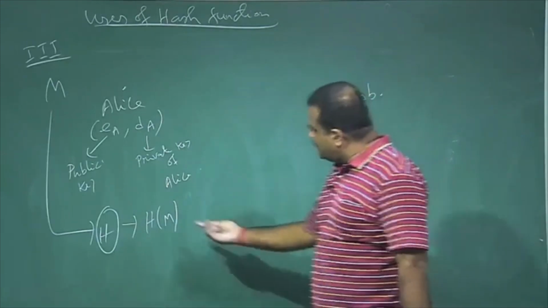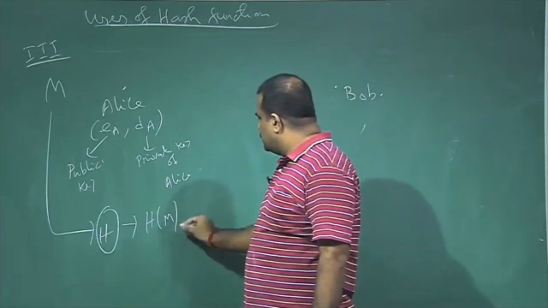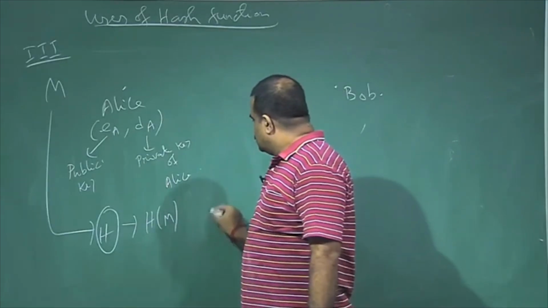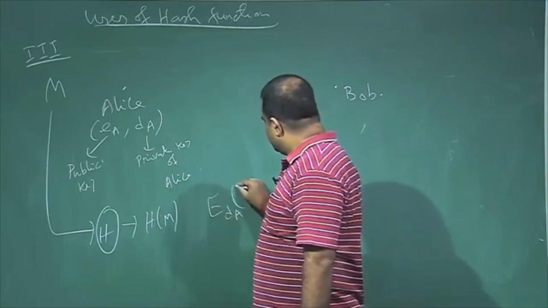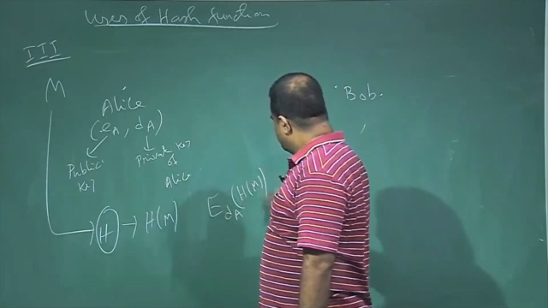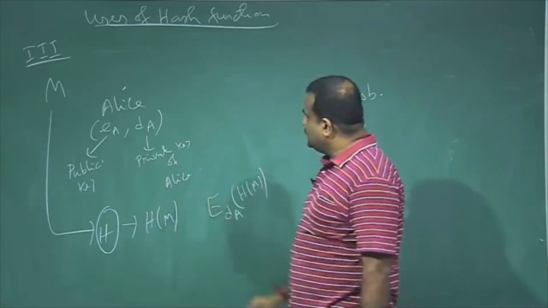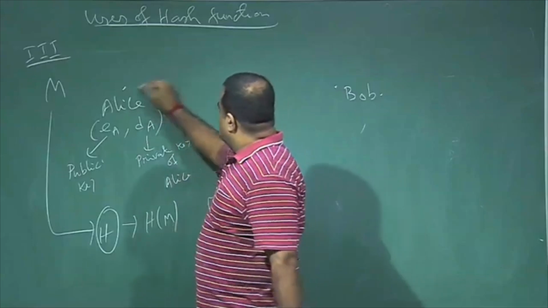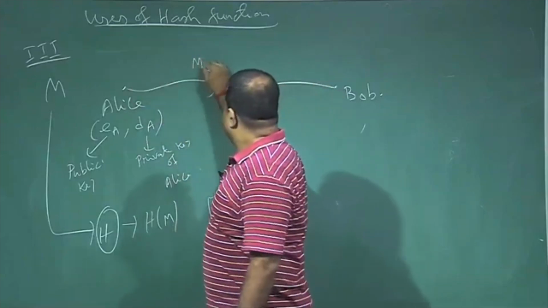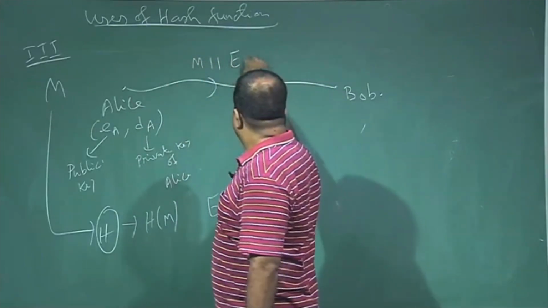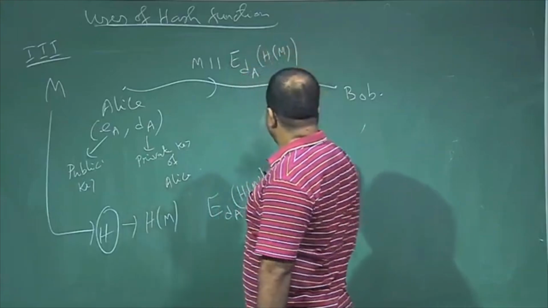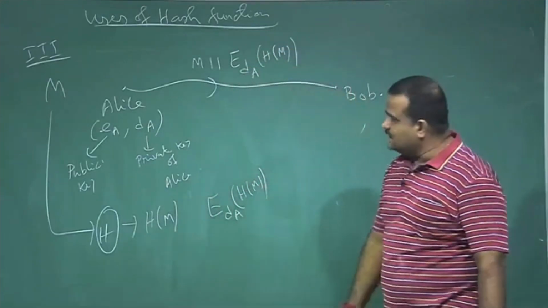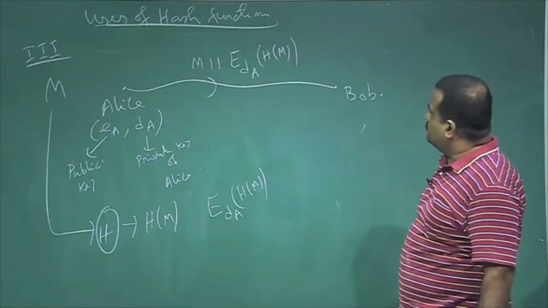So, it is okay. Alice will sign on this. Alice will encrypt this using Alice's secret key. This is on reduced size, and then Alice will send the message along with this signature, and this Alice will send to Bob.